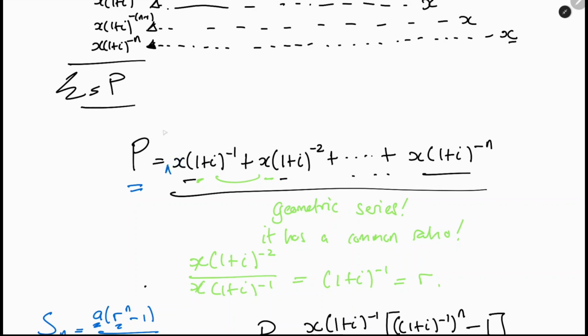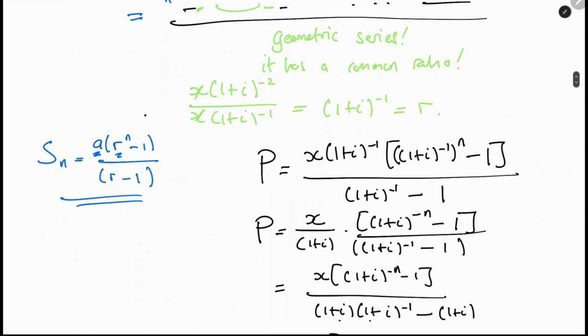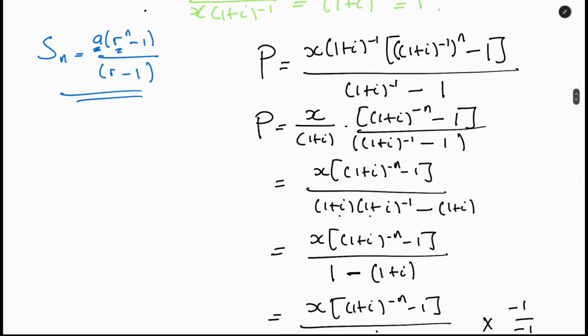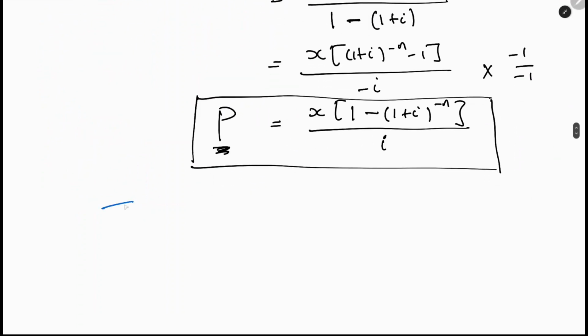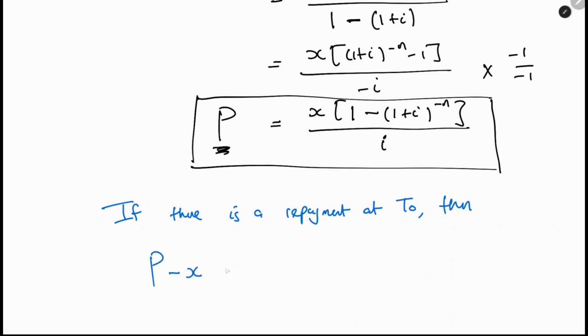So this is if a prepayment is made at time 0, and then simply what we would do is, if there is a repayment at t0, we simply subtract x from that initial loan value.